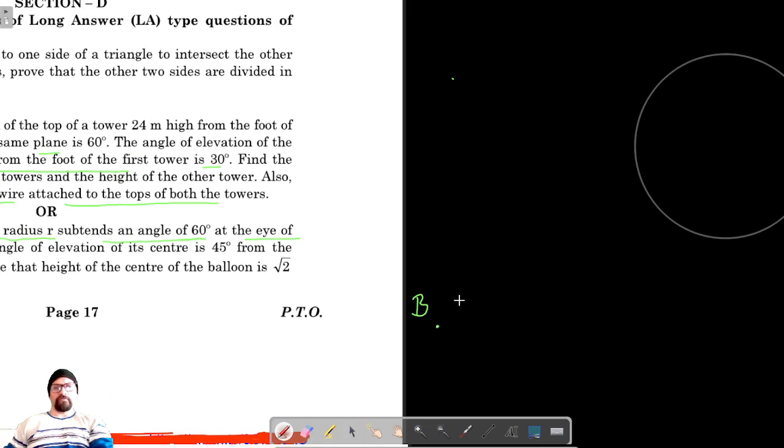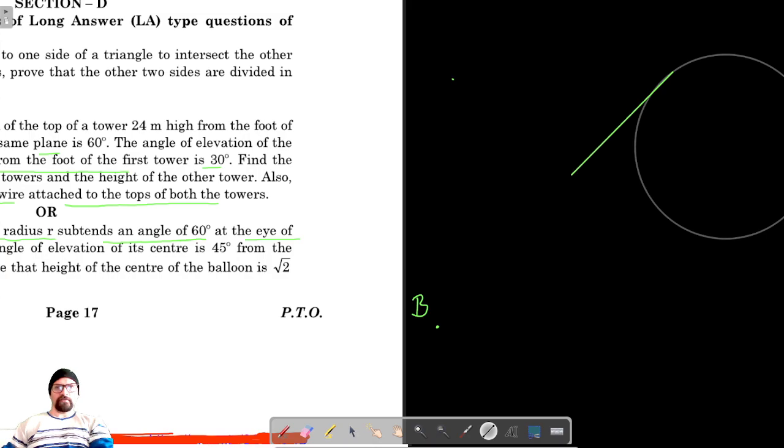So how is this balloon going to subtend an angle of 60 degrees at the eye of the observer? We have to take two diametrically opposite ends of the balloon, and this is how the balloon is going to make an angle of 60 degrees.